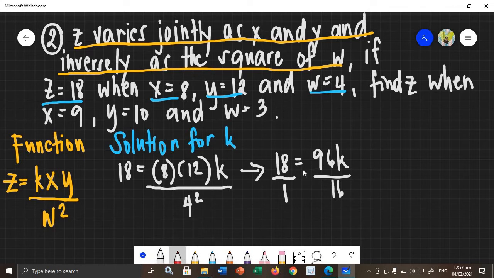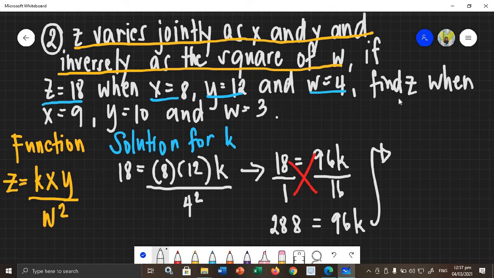No? And then, we will cross-multiply. So, kapag kin-cross-multiply natin yan, 18 times 16, that is equal to 288, equals 96k times 1 is equal to 96k.